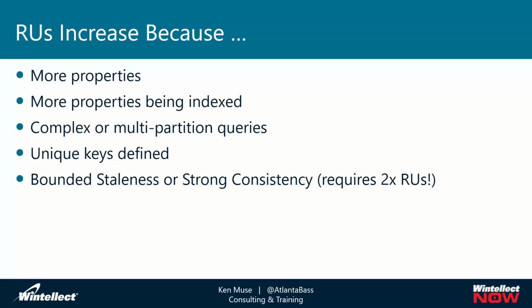If we're using strong consistency, we're wanting a more traditional database-like level of consistency, where my writes are guaranteed to be committed and everyone sees those writes before I can do my next operation. Well, that does require more effort from Cosmos, and so it needs more RUs to achieve that.